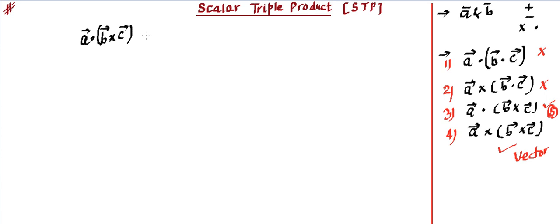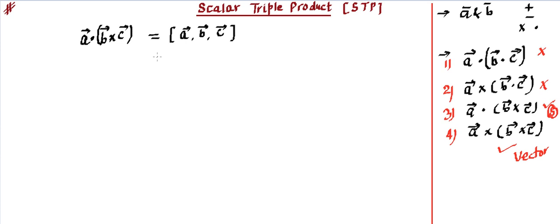Now this is also indicated by this symbol. That means we make a big bracket and we write A comma B comma C. So if this kind of symbol is given to us, we will say that this is representing scalar triple product between three vectors A, B and C. That means this is going to be equivalent to A dot B cross C.